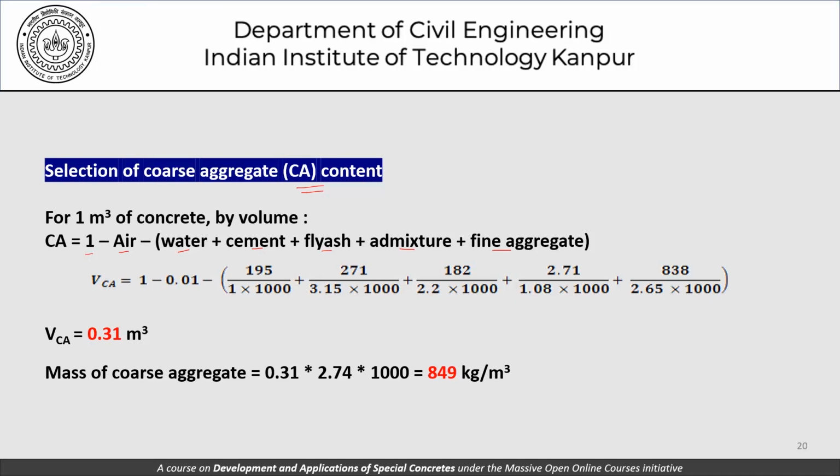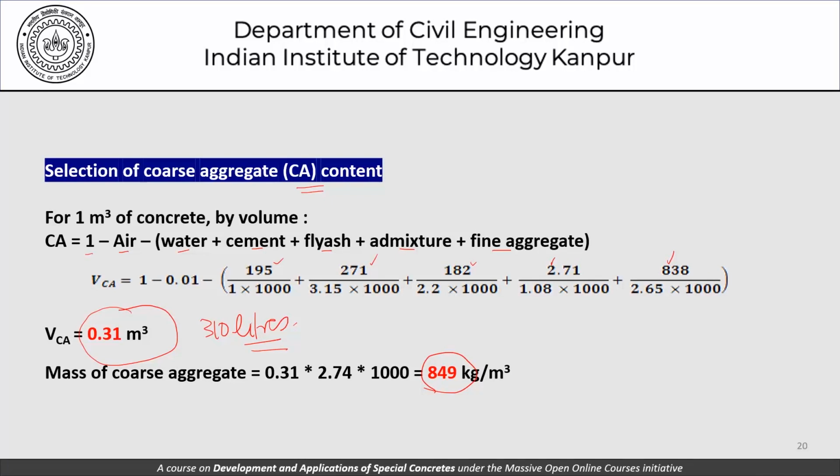So if we subtract all this from here, 195, that is water, 271 is cement, 182 is fly ash, 2.71 is my admixture, and 838 is my fine aggregate, that is sand. We find that the volume of coarse aggregate is 0.31 cubic meters, that is 310 liters. Now this 310 liters translates to 849 kgs as far as the mass is concerned.